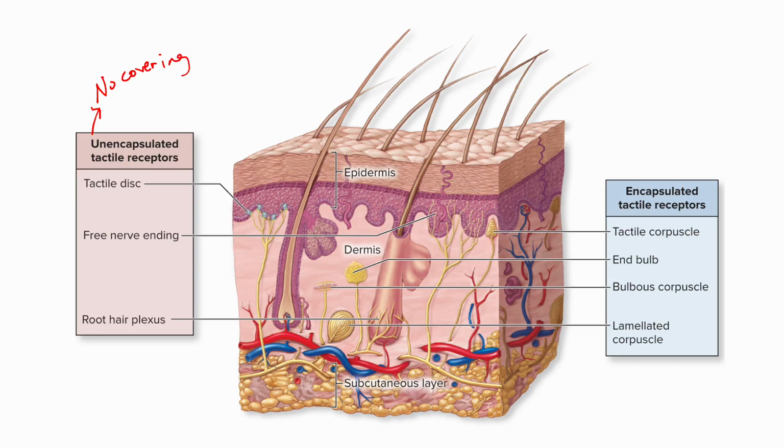No tissue covering around those. So the first one we'll talk about is a free nerve ending. Now, what kinds of things would you expect a free nerve ending to detect? So, how about temperature? Pain.